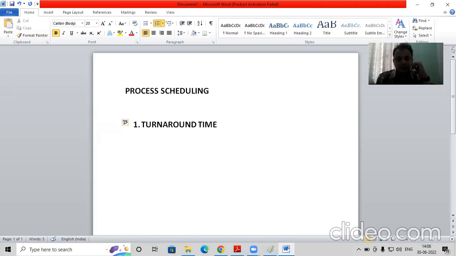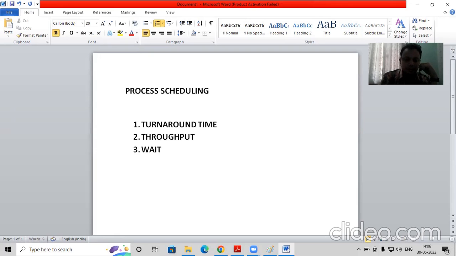In between, that time is called the turnaround time. Number two is throughput. What is throughput? Throughput means how many processes are executed per unit time by the processor.